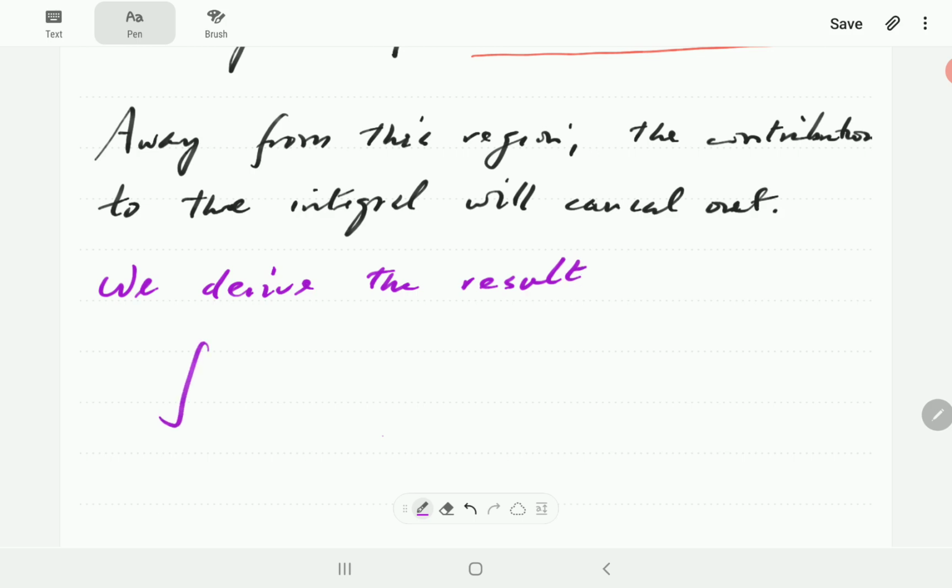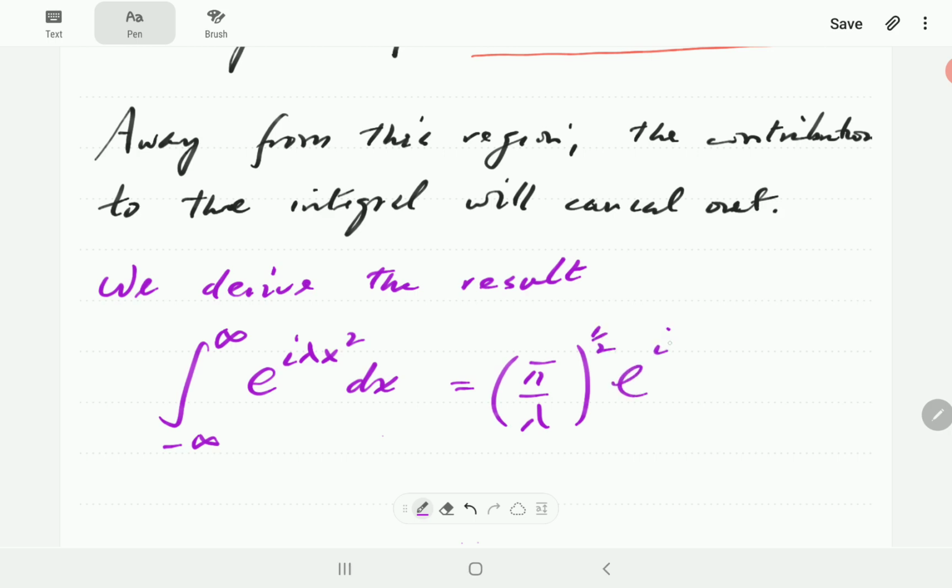This result says the integral from minus infinity to infinity of e to the i lambda x squared dx is equal to (pi over lambda) to the power half, that's your square root, times e to the i pi over 4. So we're just going to derive this result here.